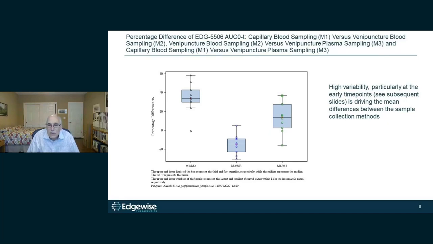And so you can see that we're not at 0 and there's a high level of variability. And when we look at other types of samples, so capillary versus whole blood, there's even higher variability. So we needed to understand that a little better and to know how comparable were these methods.